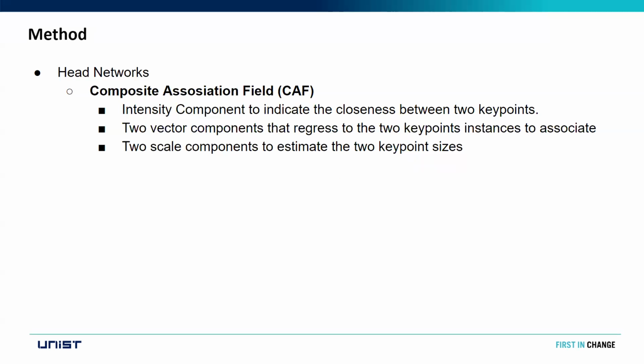And then they also have the composite association field, and this head of the network predicts the association between two vertices, so whether they are connected or not.